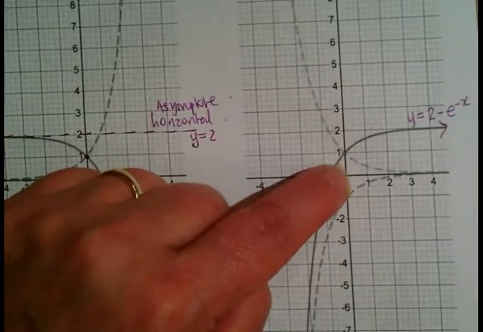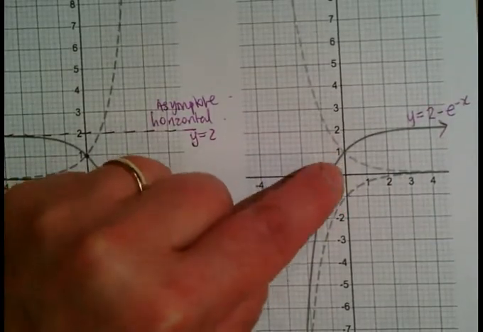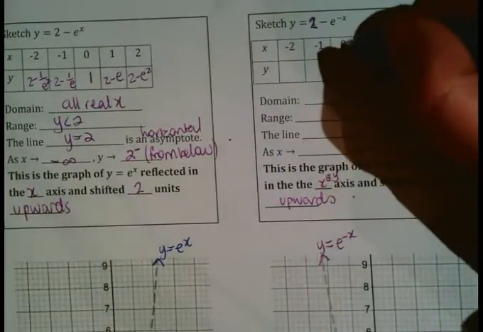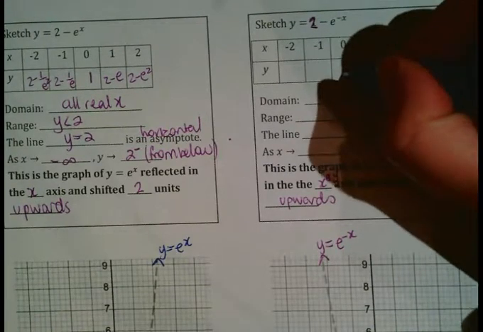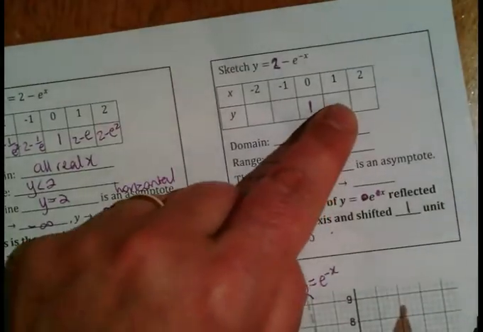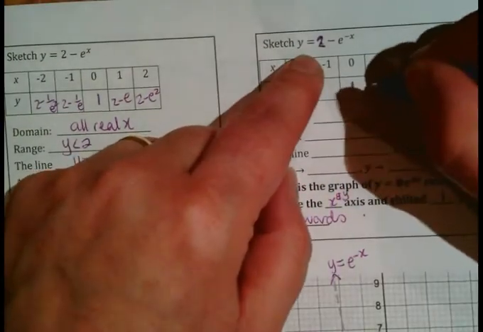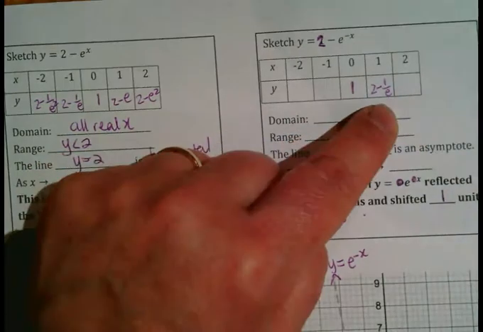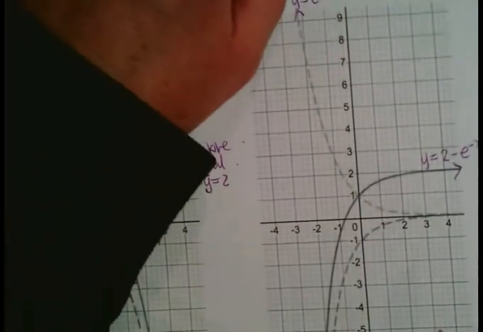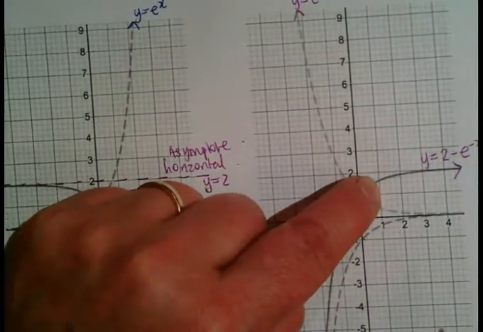All right, so let's just see with the table of values. Let's just check out the point when x is 0, for example. So when x is 0, you get 2 minus e to the 0, which is 2 minus 1, which is 1. So we should have the point (0, 1), and we do. When x is 1, we've got 2 minus e to the negative 1, which is 1 on e. So it's 2 minus 1 on e, so that should be about 1.7-ish, and it is.